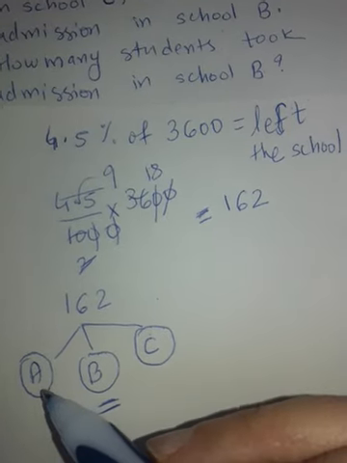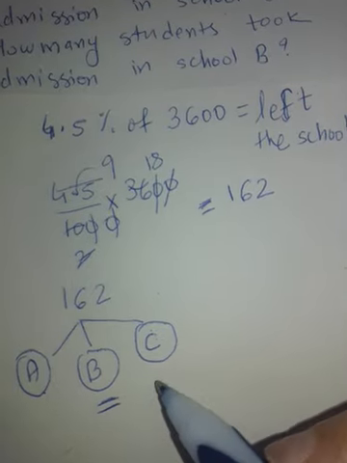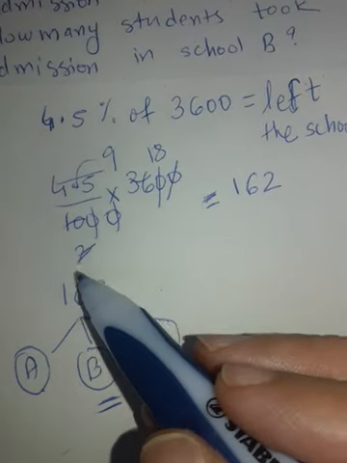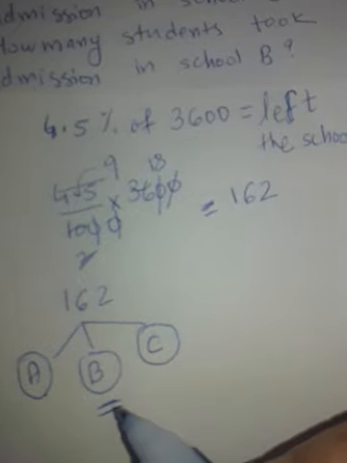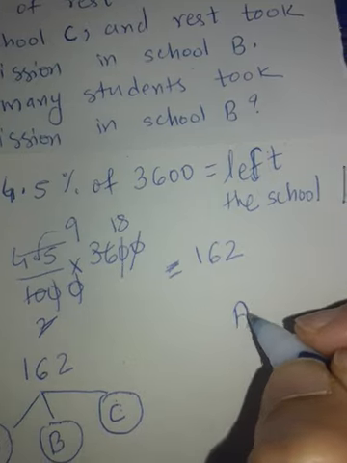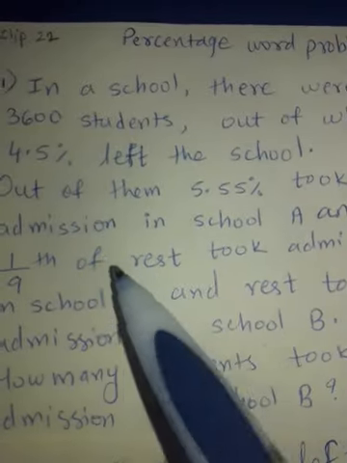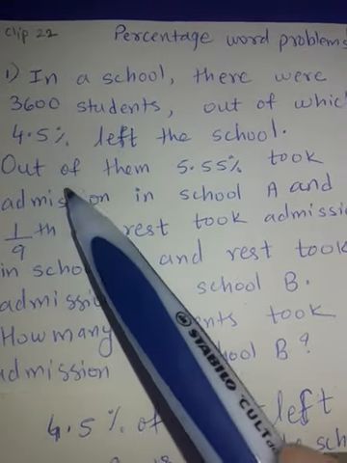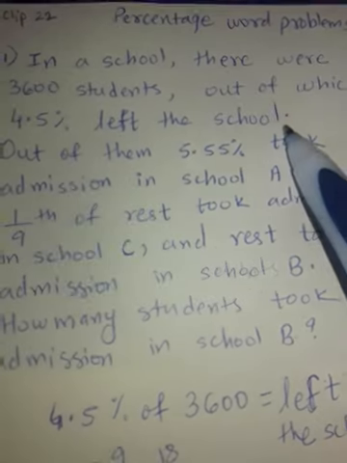Now if we get the number of students in A and C, what can we do? We can add them and then subtract from 162, and then we will get the number of students in B. So let's see how many took admission in A. Now they say 4.5% left the school.